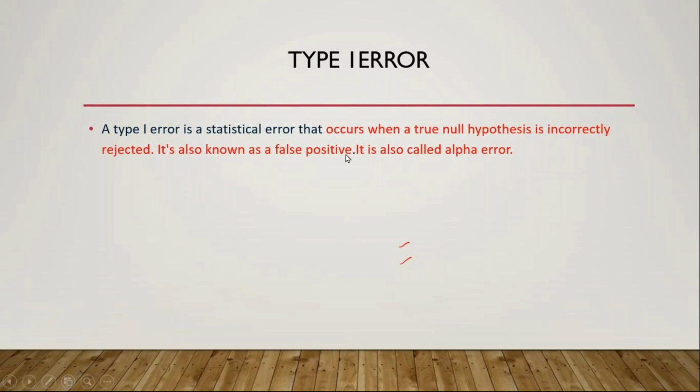It is also known as a false positive, and it is also called alpha error. Suppose the drug is PCM, and PCM is beneficial for the people, but the drug trial people have rejected this drug, so it is the type 1 error.